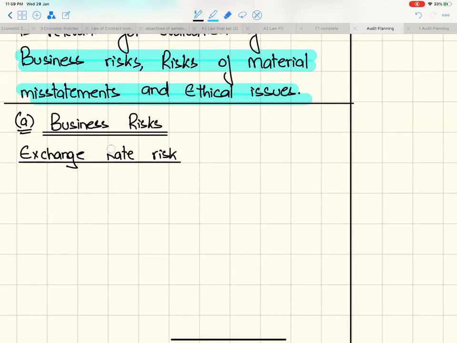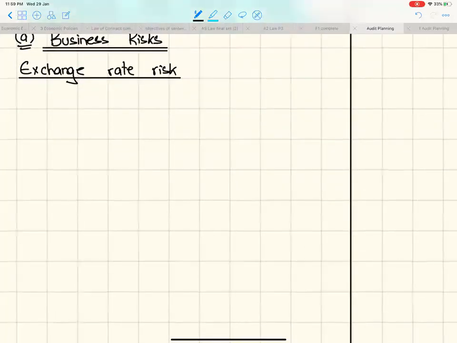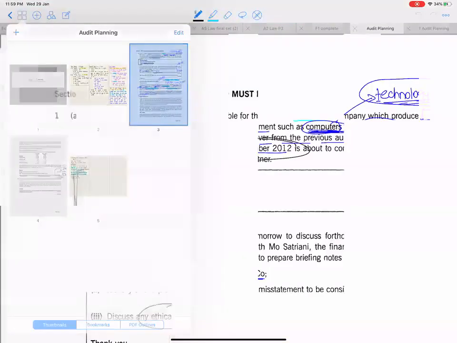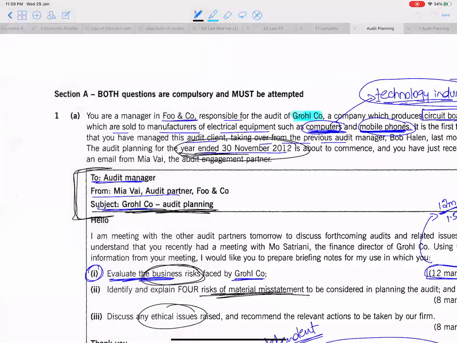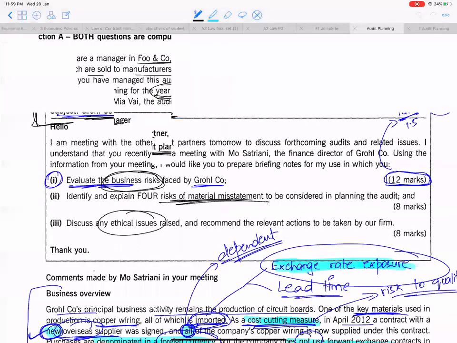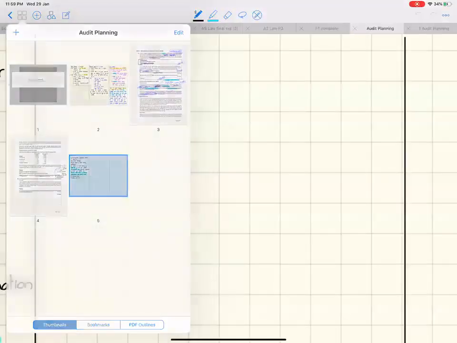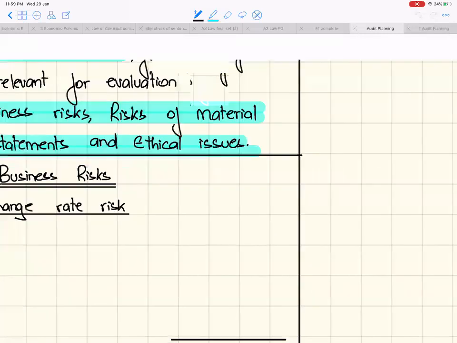Now I want your full concentration that how I'm developing the risk. First of all, we have to identify the risk. Now, how to identify the risk? The identification is that Grohol Company imports the key raw material. And when you import the key raw material, you face a risk of exchange rate.